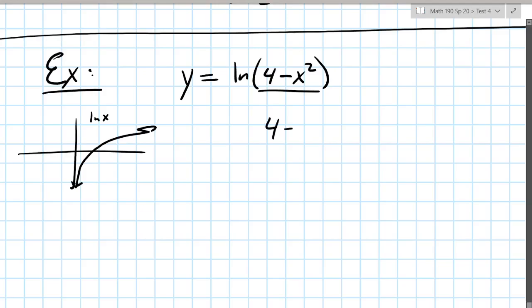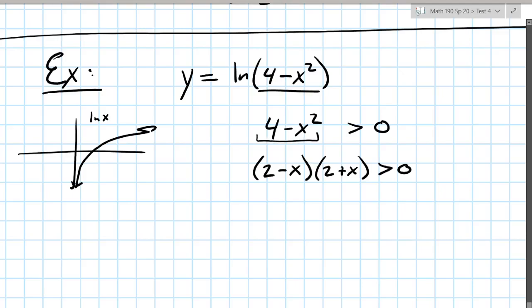So we need 4 minus x squared to be strictly greater than 0. And if you want, you can factor this: 2 minus x, 2 plus x needs to be greater than 0. Or if you want to think about this graph, it would be a parabola opening down with intercepts at -2 and +2.